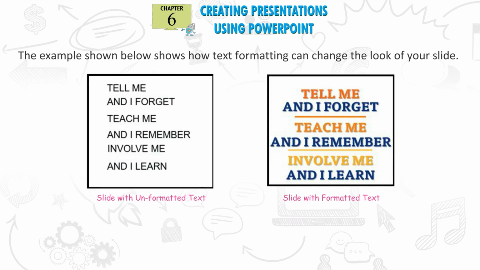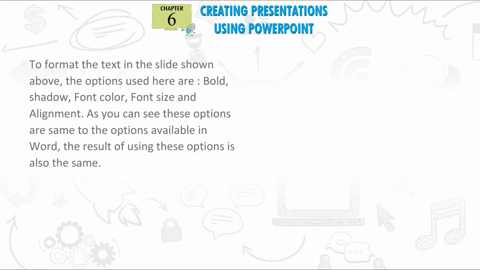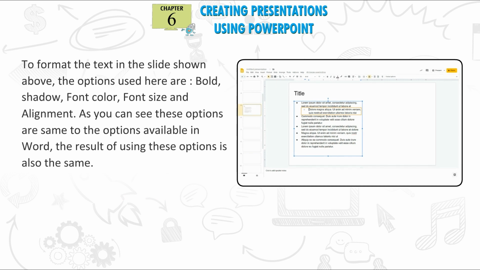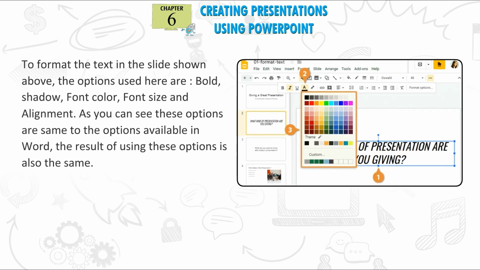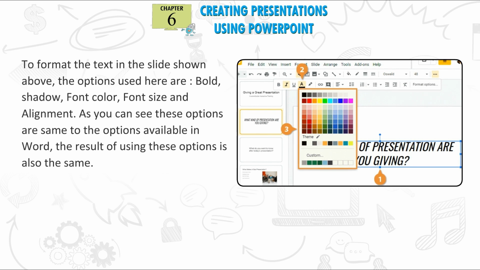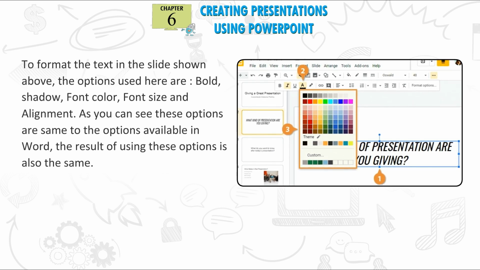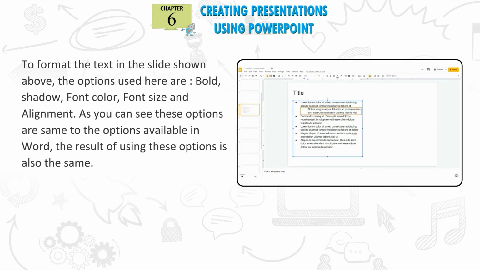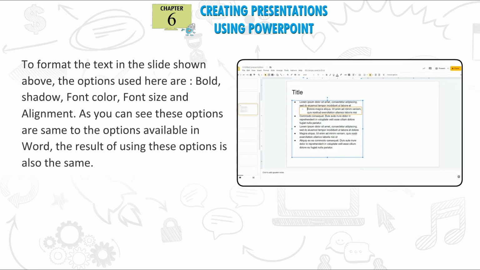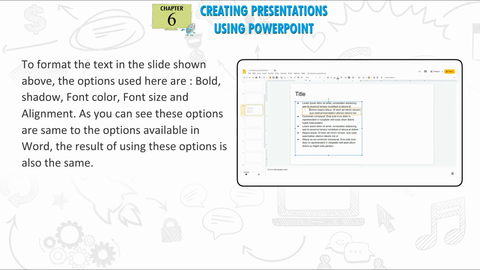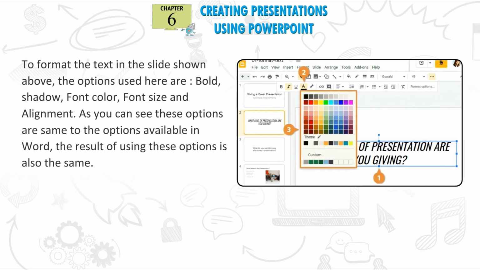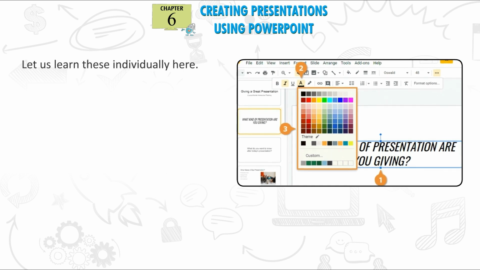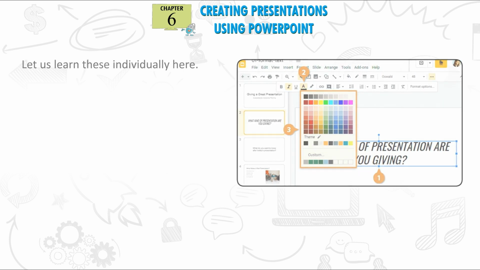The example shown below shows how text formatting can change the look of your slide. To format the text in the slide shown above, the options used here are bold, shadow, font color, font size, and alignment. As you can see, these options are same to the options available in Word. The result of using these options is also the same. Let us learn these individually here.